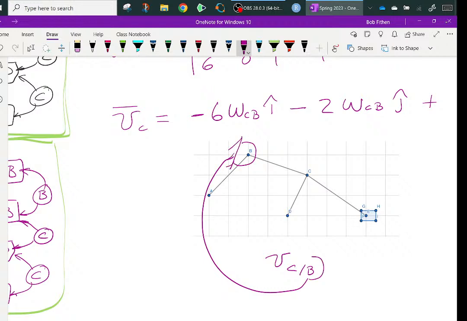Your pin is, I'm stuck right here at B. And if I see a positive rotation, that velocity should poke up this way and be perpendicular to this. Do I see that? No, I don't.